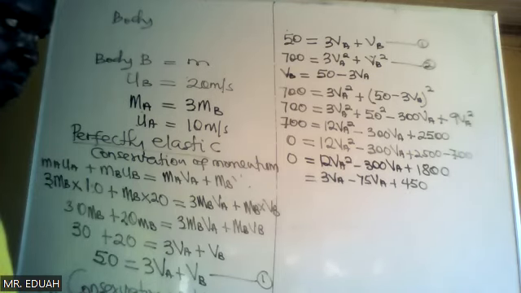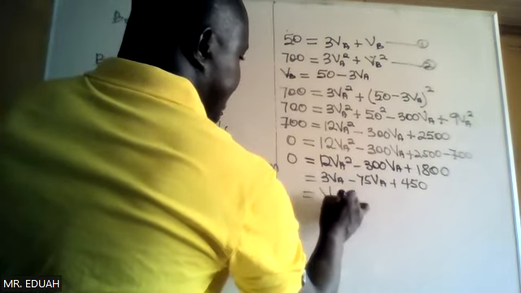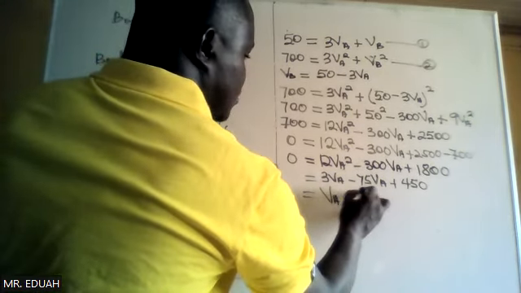So we can further break it to the least term: VA squared minus 25VA plus 150.